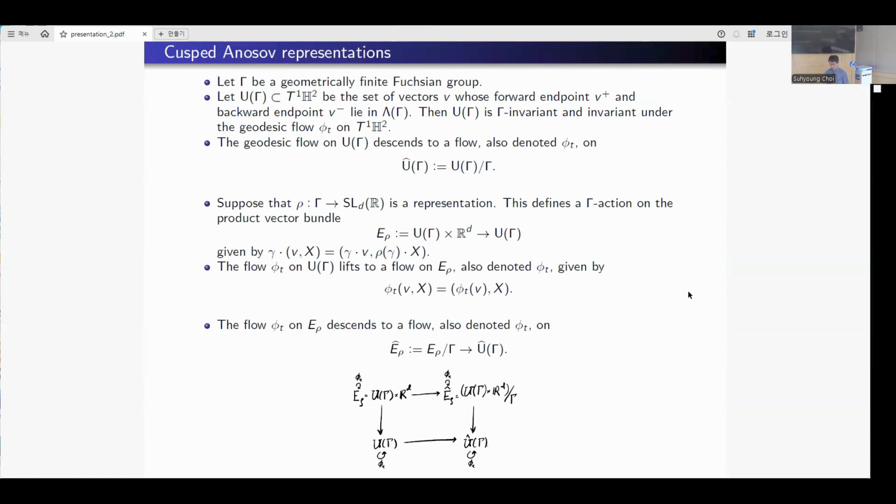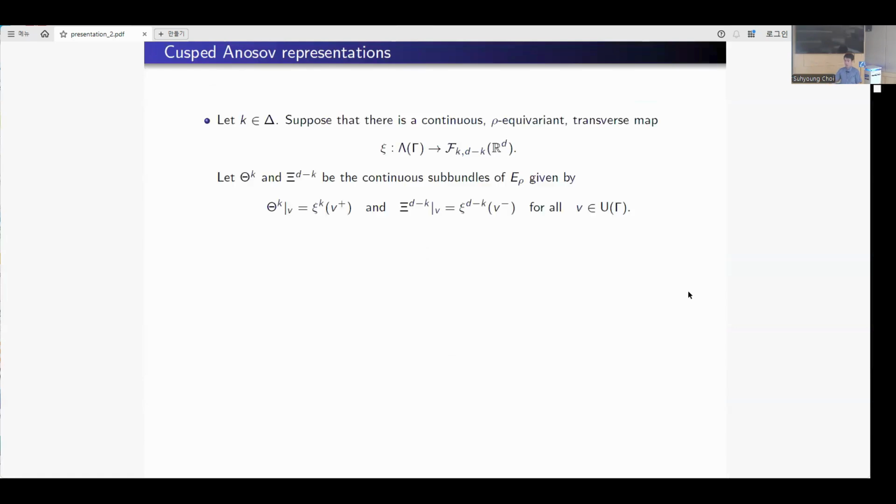Now I'm going to throw into the mix the existence of a continuous rho-equivariant transverse map. Suppose that I have this continuous rho-equivariant transverse map C from the limit set of gamma into F_{K,D-K}(R^D). So this is a flag manifold: we have a K-dimensional subspace and a (D-K)-dimensional subspace.